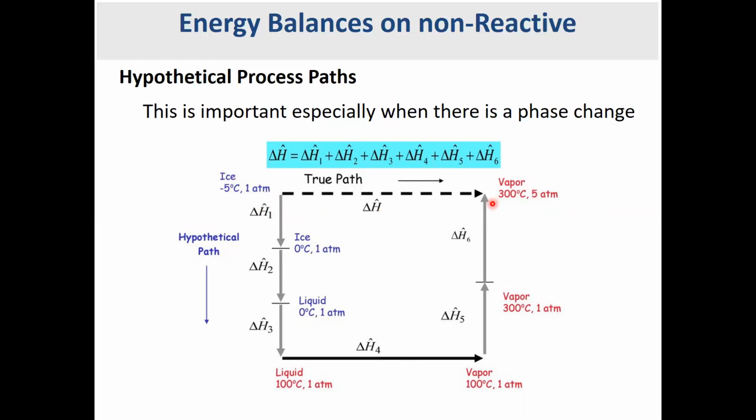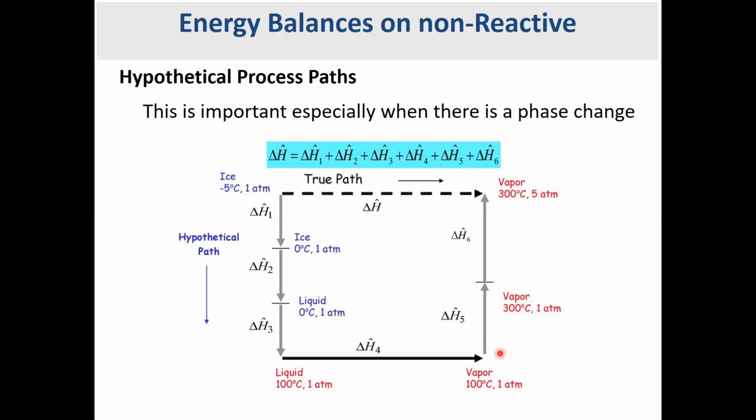Because we have some formulas based on the phase change, we have an idea how much the enthalpy change is, based on the heat at constant pressure, constant temperature. We can quantify the values of the enthalpy changes. But in that case, we cannot quantify until we find the path, how it changed.